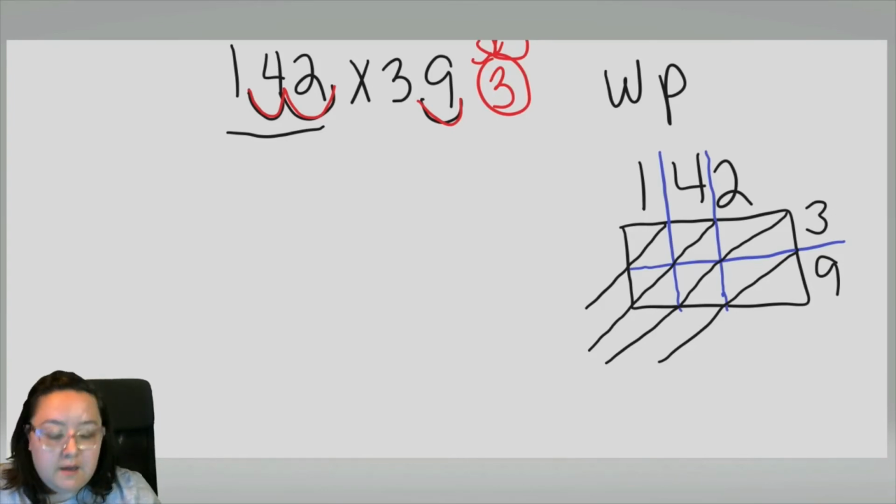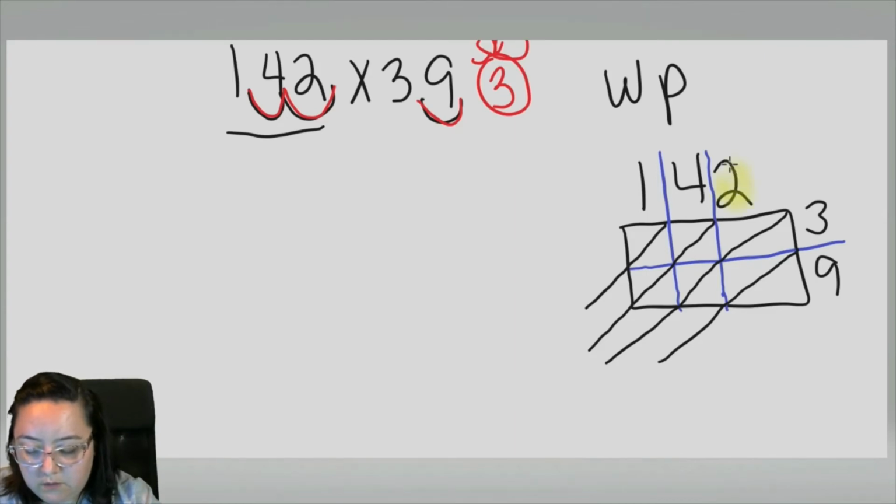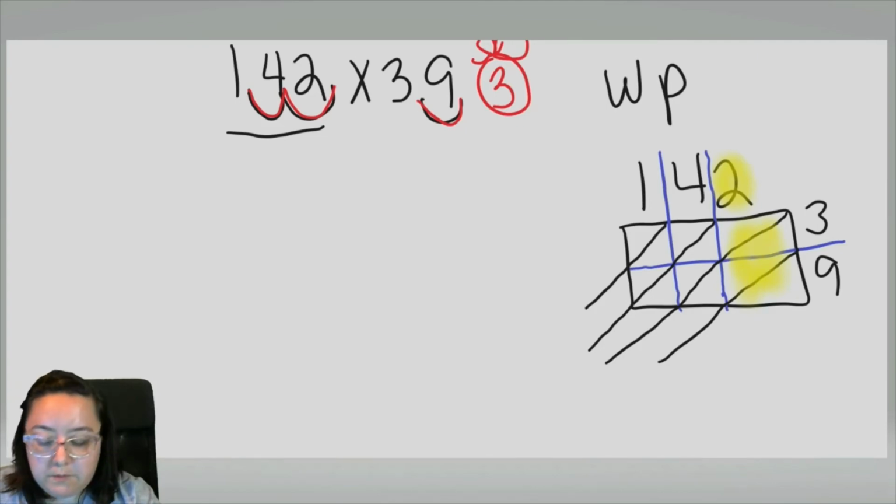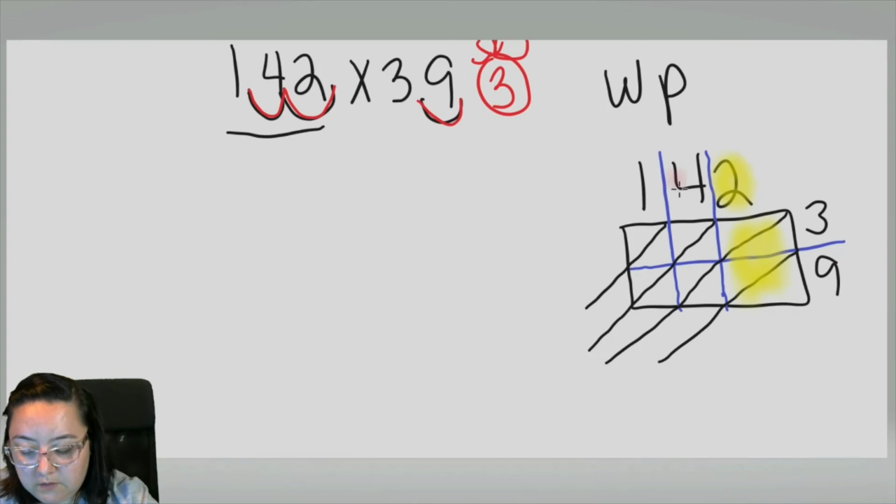So I'm going to color code my numbers like I did on the last video. So in this group, I know that these two numbers are going to be multiplied by 2, and the product of those numbers goes in these 2 boxes. Same thing here. This 4 is my red number, and it's going to be multiplied by 3 and then multiplied by 9.